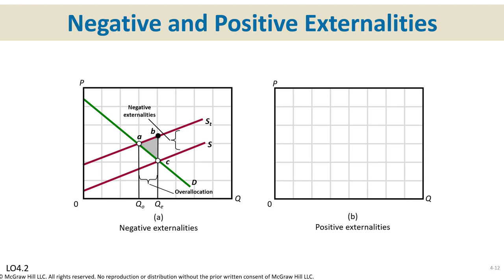The true cost is actually point A. But right now, the coal power plant is at point C: a lower price, a higher quantity. If they were to install devices to make the soot coming out of those big tall chimneys cleaner, they'd have to pay for it.